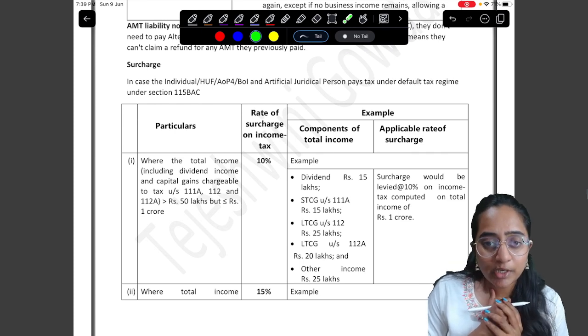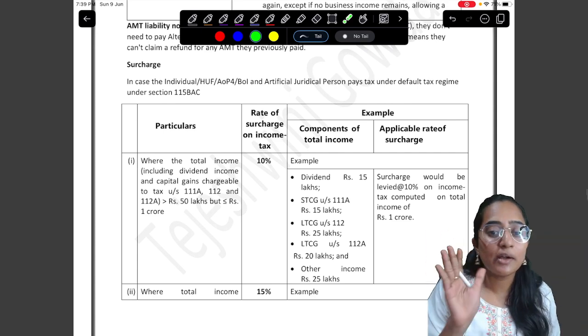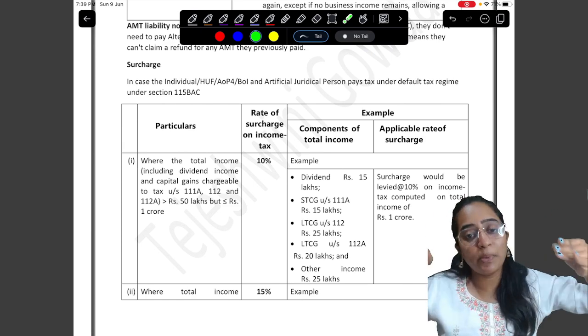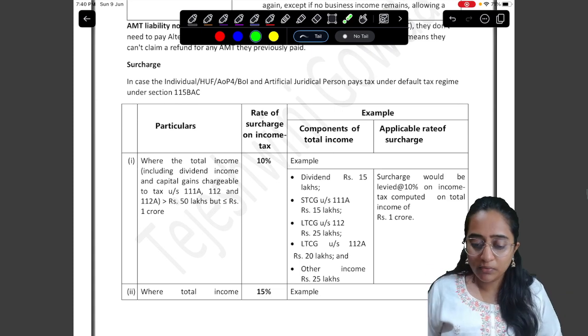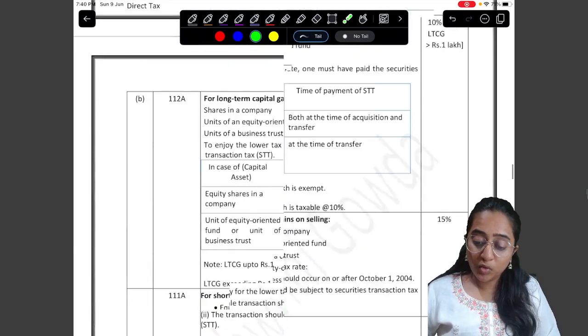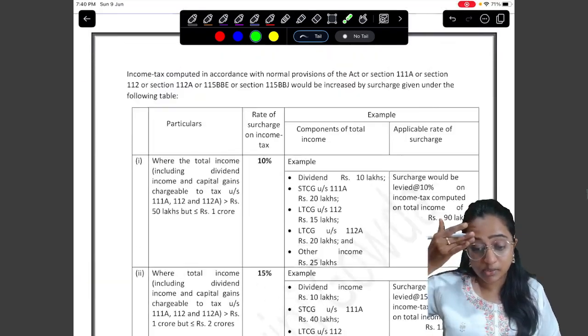That is, surcharge applicability for individuals in case of normal provisions, and in case of 115BAC, you have two different surcharge provisions separately provided. Okay, we'll try to see one by one. First, we'll look into the normal provisions, and then we'll come back to 115BAC.